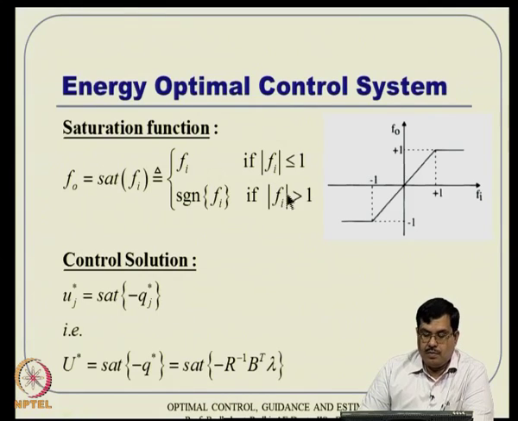But if it is beyond that, then it is restricted to the bound value. If you take help of that, then Uj star happens to be the saturation function of negative Qj star, that is all. Combining all the components, we can write it in vector form as something like this.